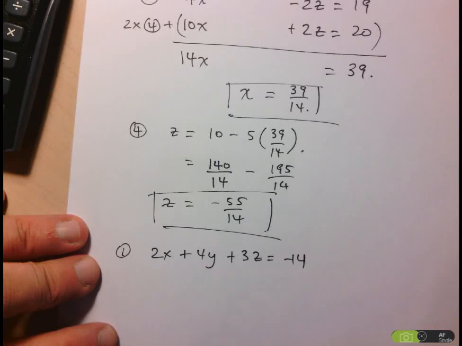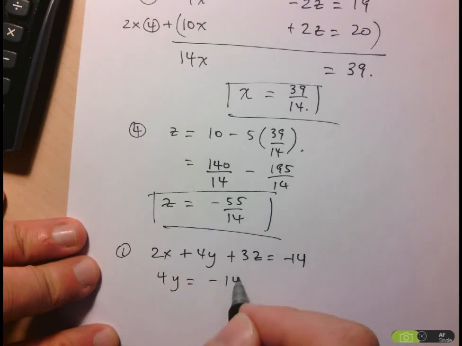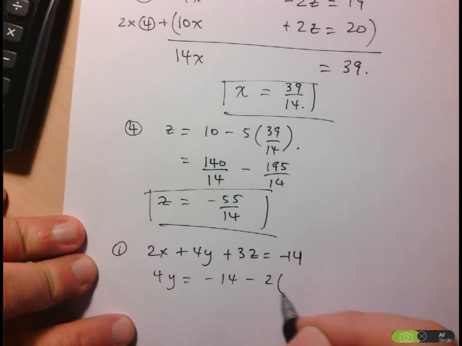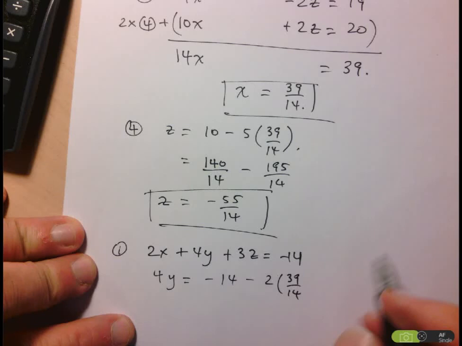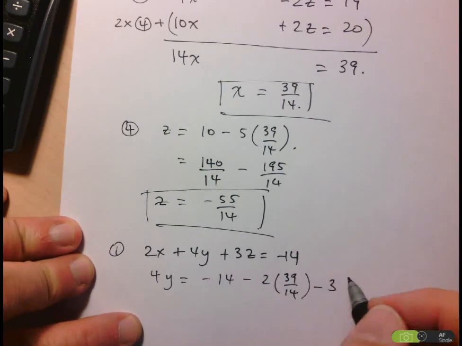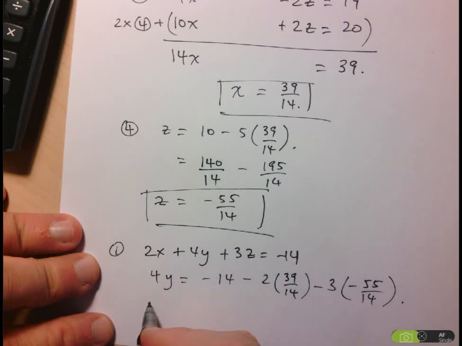So 4y is equal to negative 14 minus 2 times x, so 2 times 39 over 14, and then bring the 3z to the other side, so minus 3 times negative 55 over 14. Again, I'll put everything over 14.